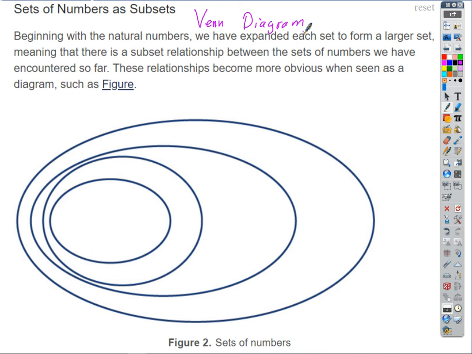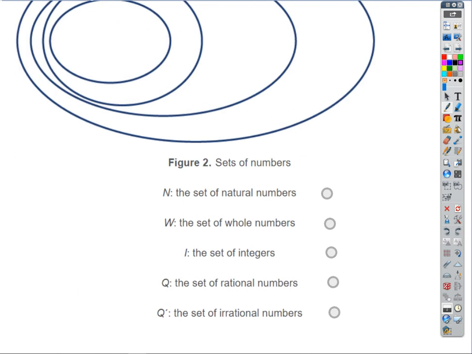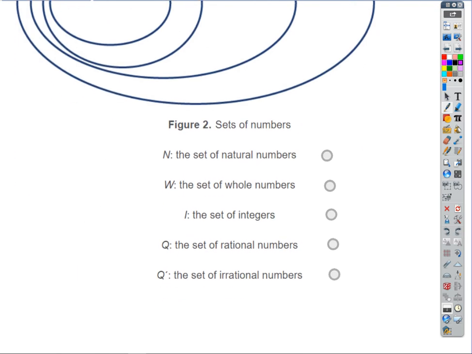It works really well though. So we want to add the symbols, and on this one we got I for integers. Usually it's Z, but the graphic I pulled this from used I. So we want to label each of the appropriate sets with these letters, okay?